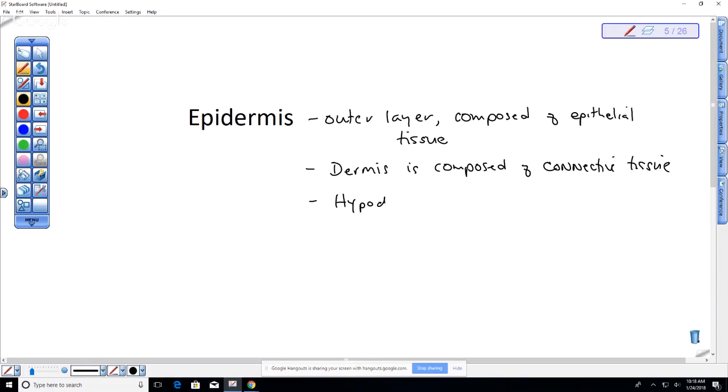What do you think the hypodermis is composed of primarily? What is the type of tissue that's underneath our skin? It is a connective tissue, but what do we have underneath our skin as mammals? Adipose tissue. So this is mainly adipose tissue. Adipose tissue would be subcutaneous fat.